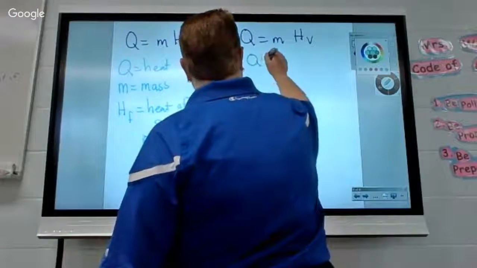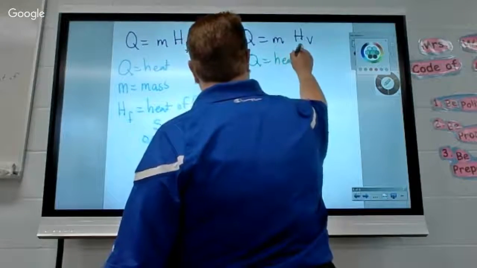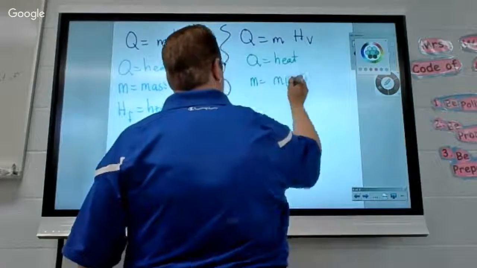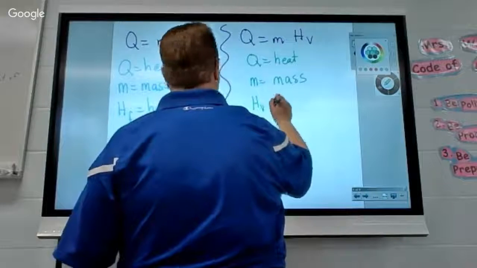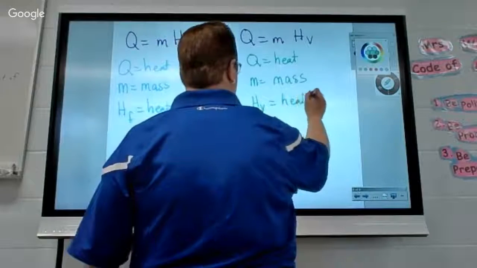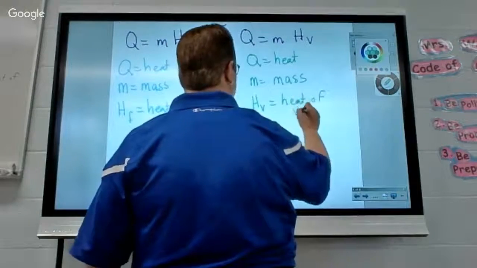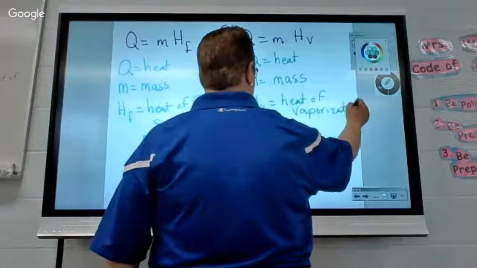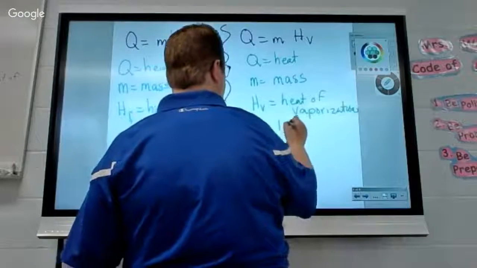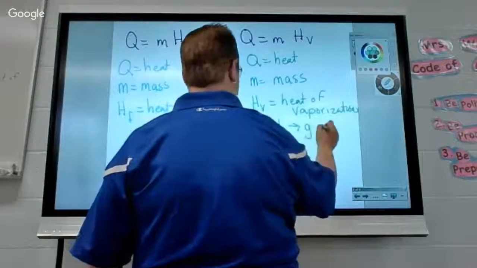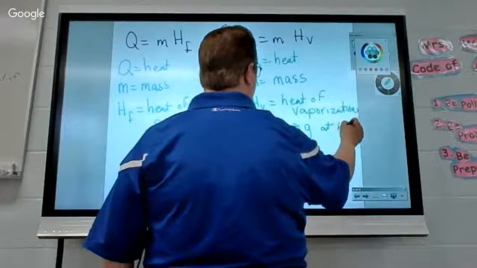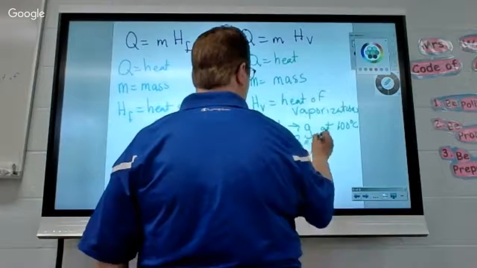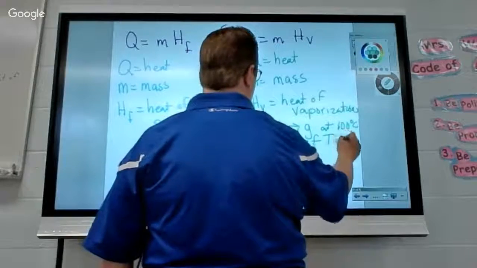Q over here is still heat. M is still mass. HV is heat of vaporization. This time you're changing from a liquid to a gas at 100 degrees Celsius, and it's on the reference table.